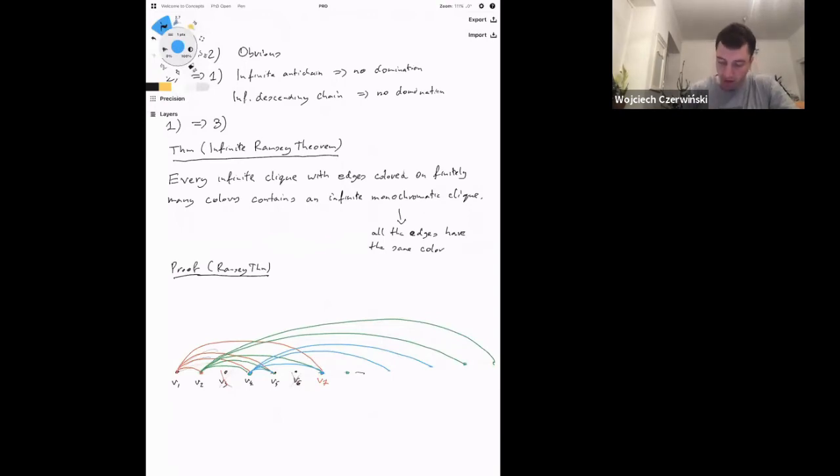Every vertex which survived the iterations of the previous vertices, we apply this system to it. After, let's say, infinitely many iterations, you filter this graph and you get a still infinite graph, such that for every vertex, all the edges going to the right are of the same color.